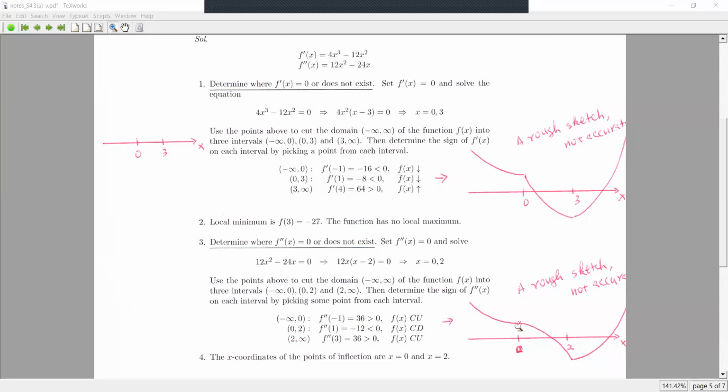Let me emphasize that this is just a rough sketch, not accurate. Negative infinity to 0, concave up. Then 0 to 2, concave down. Then 2 to infinity, concave up again.